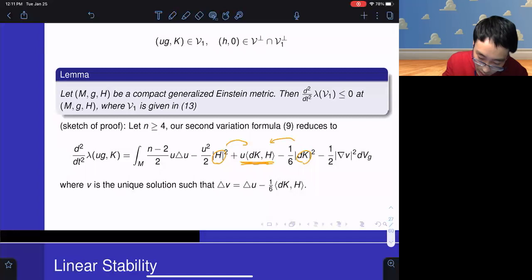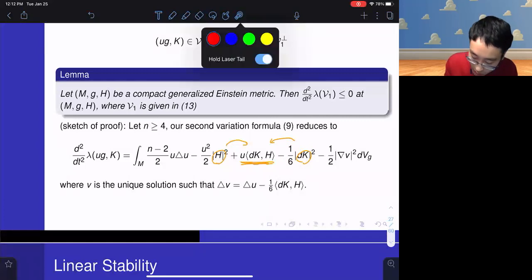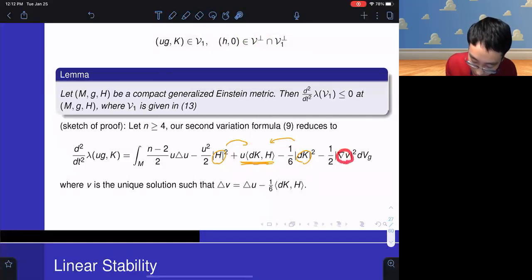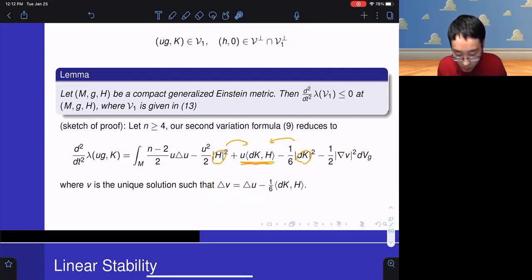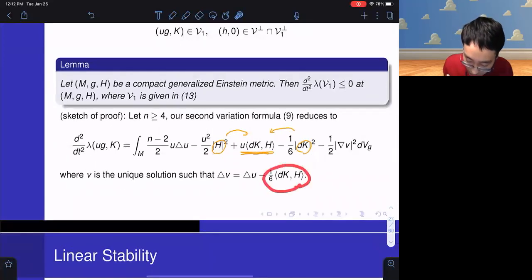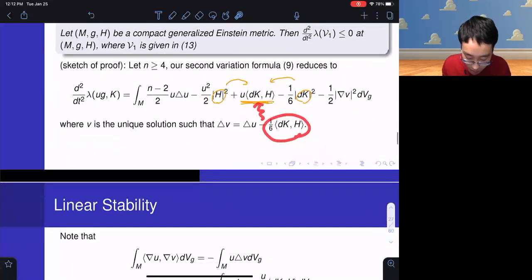But unfortunately, 1/6 is too small, so we cannot bound it. But fortunately, we know that the gradient V is a solution satisfying that the Laplacian V is the Laplacian U minus 1/6 DKH, and this is somehow related to this one.